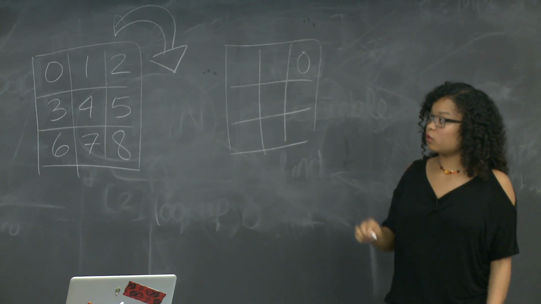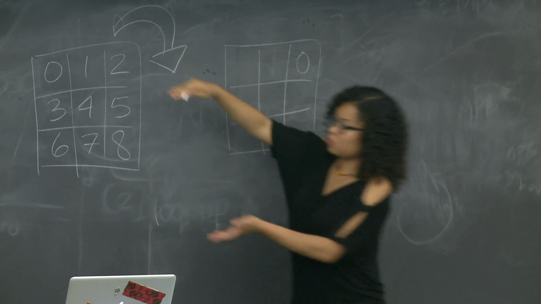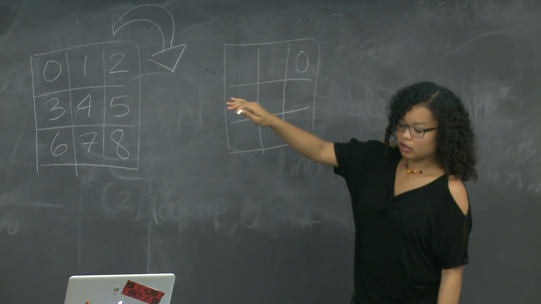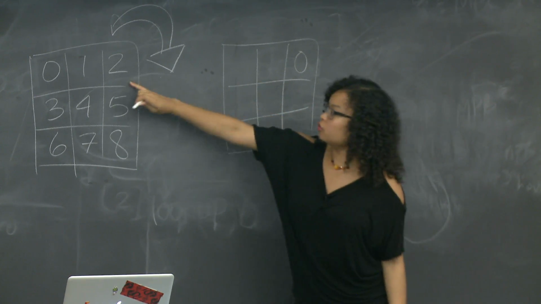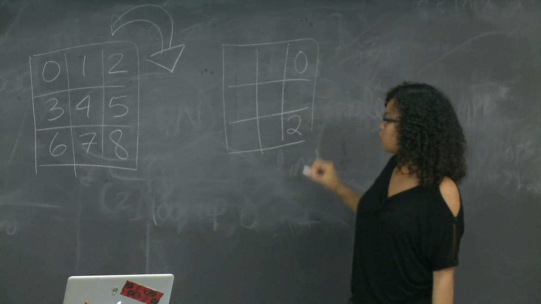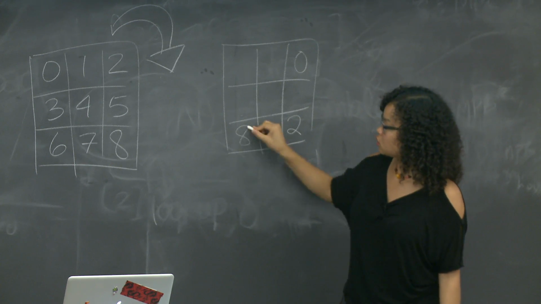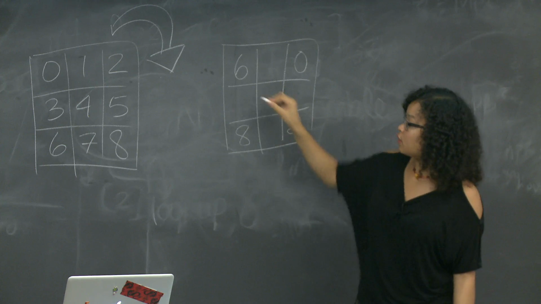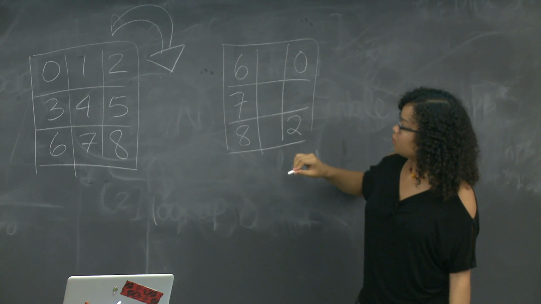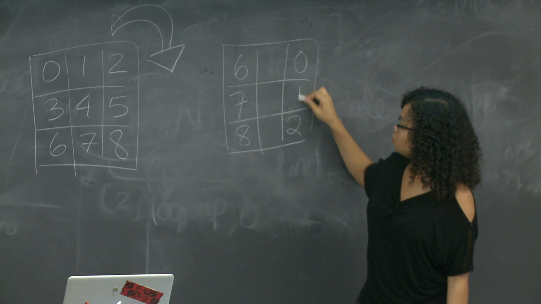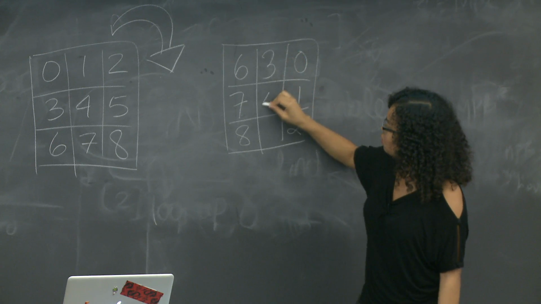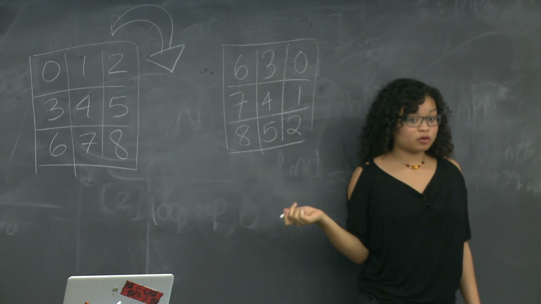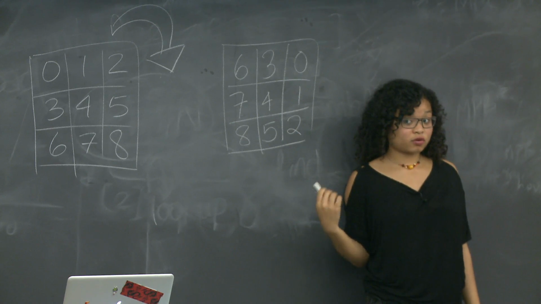Essentially what we're doing is taking this and physically rotating it, so the 2 would go to this corner, the 8 would go to this corner, the 6 to this one. And then the rest of it would look like this, 0, 1, 2, and then. So that's what a grid looks like when you have successfully scrambled it.